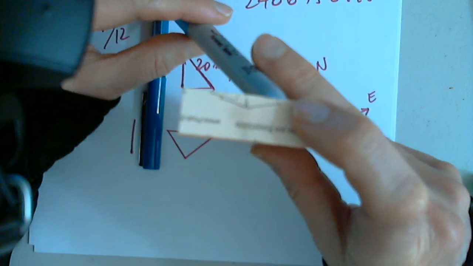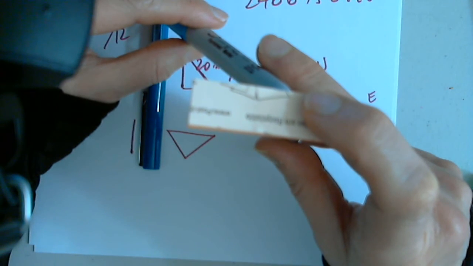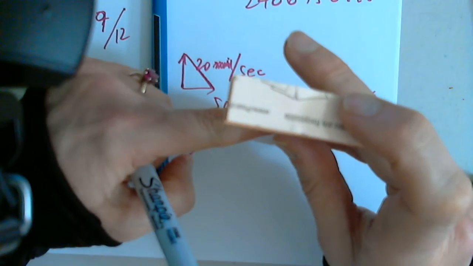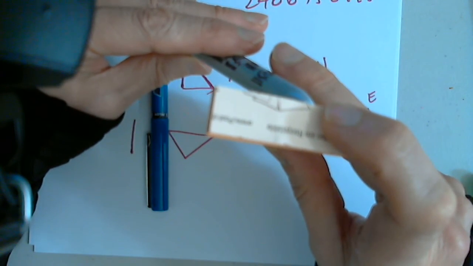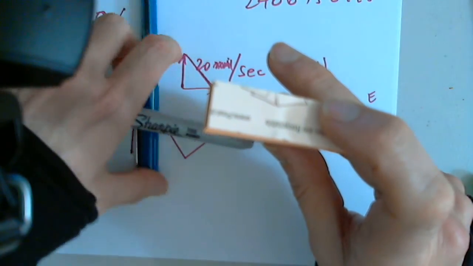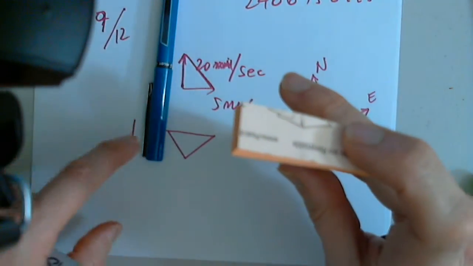So here's the drone up here, and here's the 25, and here's the distance. So there is a right triangle here, and there is a right triangle in space, vertical.